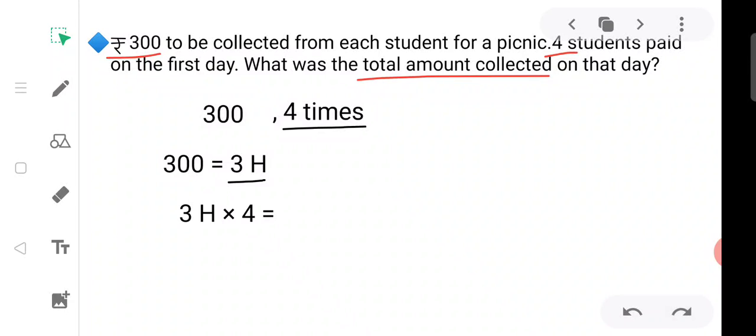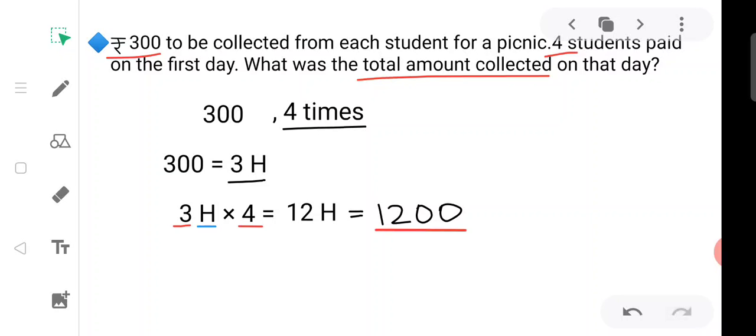So, here we multiply 3 by 4. 3 4s are 12 and then we write h in front of 12. So, 12h means 1200. So, here we get 1200. So, we can say that rupees 1200 were collected on the first day.